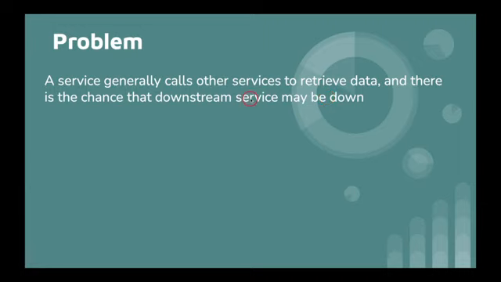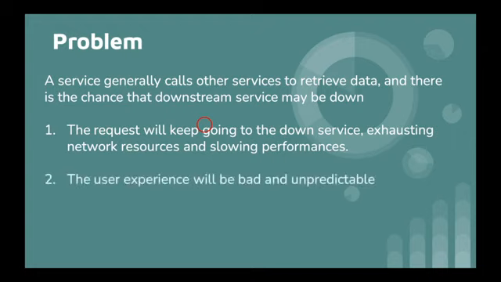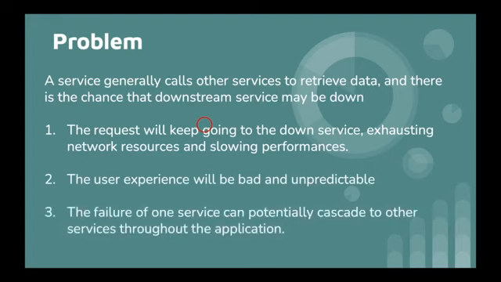A service generally calls other services to retrieve data, and there is a chance that the downstream services may be down. The requests will keep going to the down service, exhausting network resources and slowing performance, and the user experience will be bad and unpredictable.